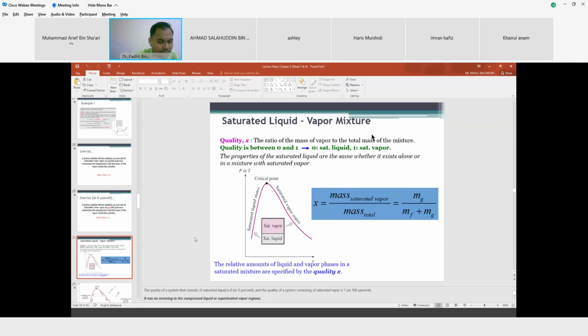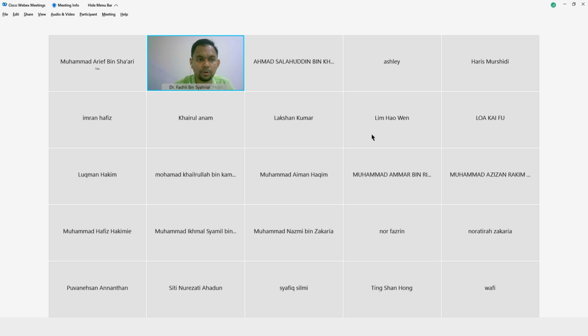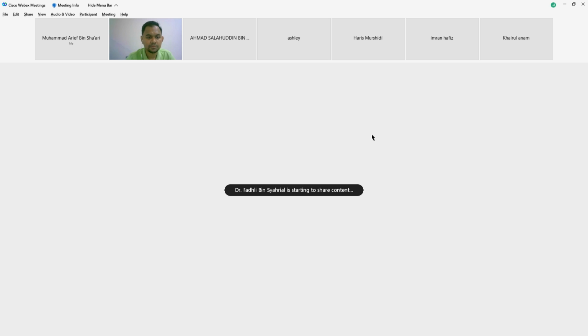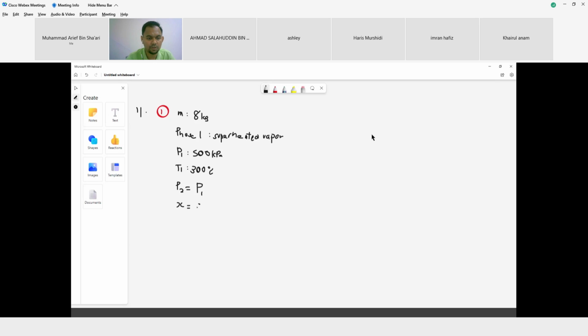That means x here is equal to 0.3, not 0.7, but 0.3.